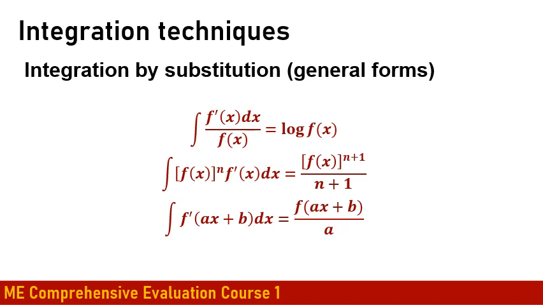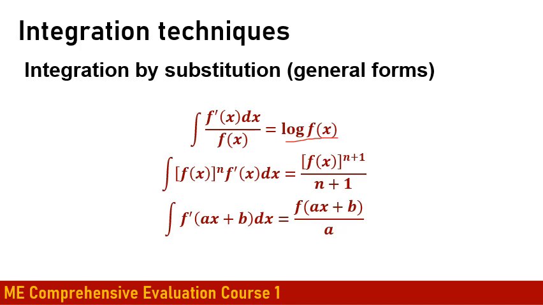So say for example, our form is in the form f prime x dx over f of x. That can simply be written as log of f of x, since our denominator is the antiderivative of the numerator. For the second form, we have f of x to the power of n f prime x dx.